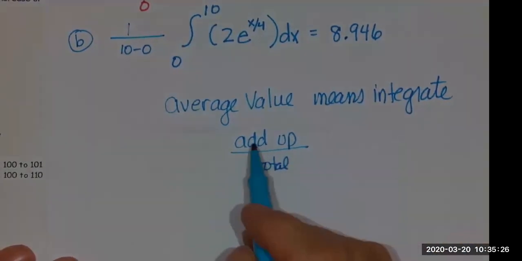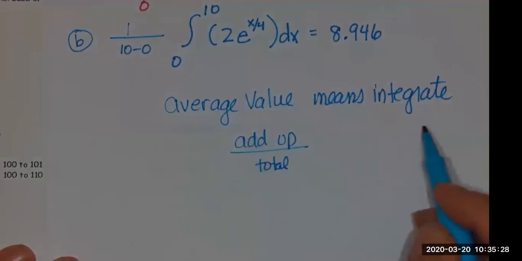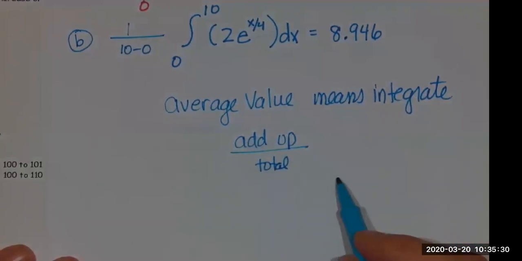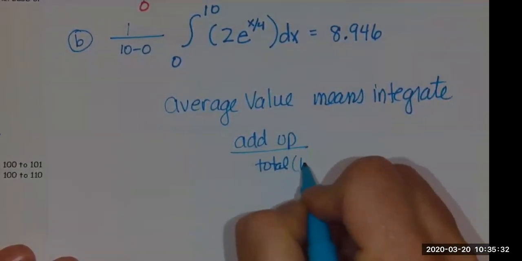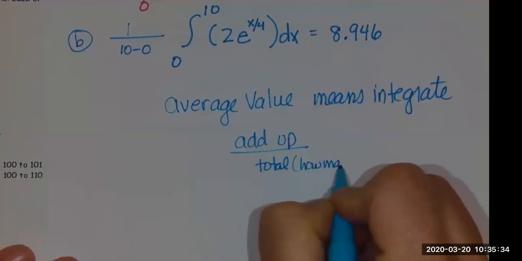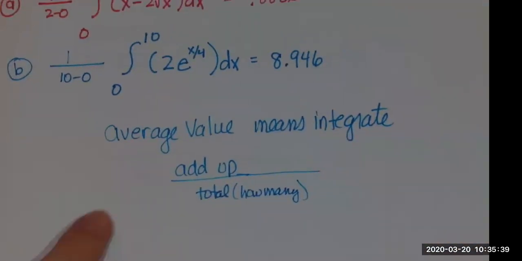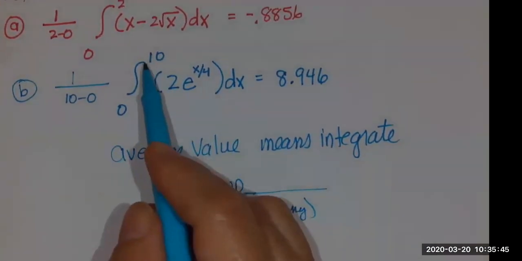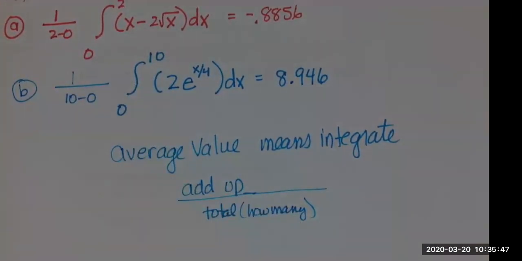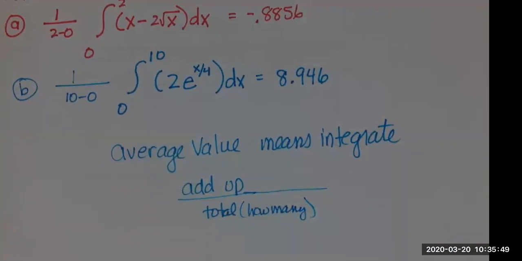Like if it were your grades, you'd add up all your test grades and divide by how many you have. How many, right? And that would give you the average. Well, in calculus, how do we add things up? We integrate. So that's why when you see average value, that's giving you the clue that this is an integration problem. And if it's average, we have to divide.